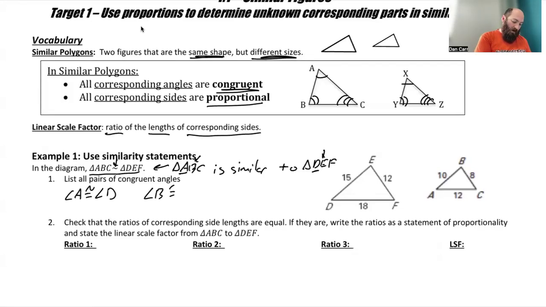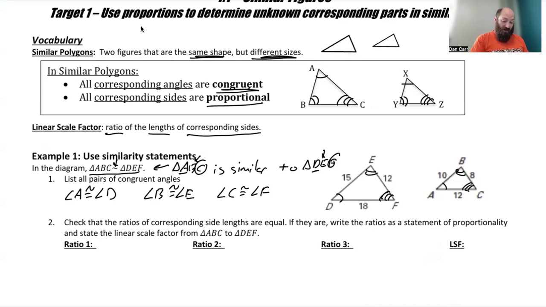So angle B has to be congruent to angle E. And then finally, C and F are the last letters, so angle C is congruent to angle F. I like to mark that in my diagram here just so I can keep everything in order. So we have A to D, B to E, and then C to F right there. Okay.